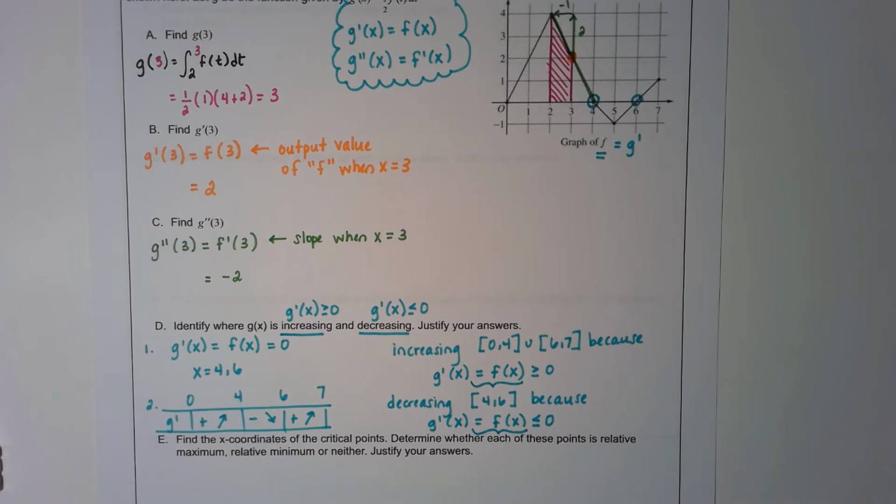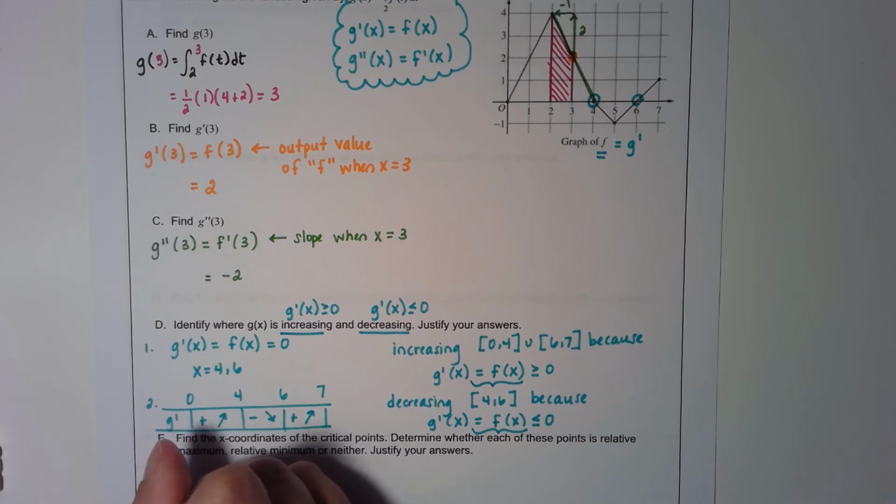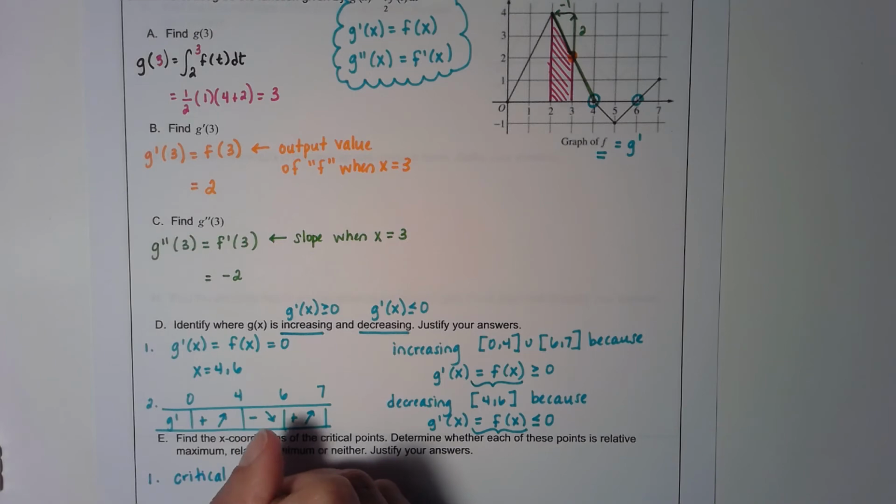Okay. Next, it says find the x-coordinates of the critical points, determine whether each of these points is a relative max, min, or neither. So for critical points, we are looking for where the derivative, which is equal to f of x, is equal to 0.